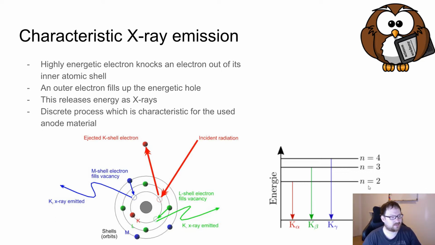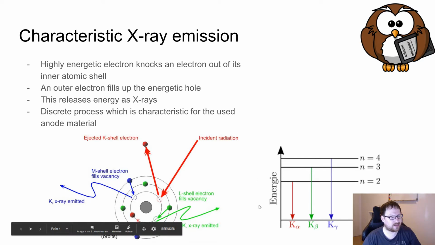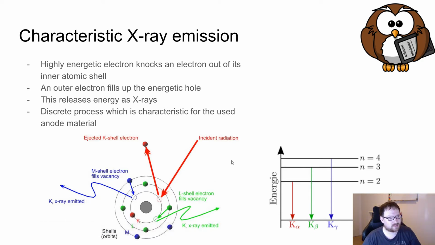You can see that if you look at the energies here on the right. Those peaks are called K because we hit an electron in the K shell, and depending on where another electron fills up the hole, it gets a different name. If it falls from the next shell, which would be the L shell, it's called K alpha. If it falls from the M shell, it would be called K beta, and so on.